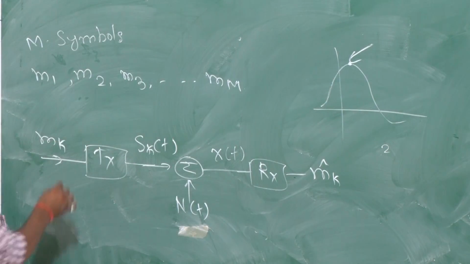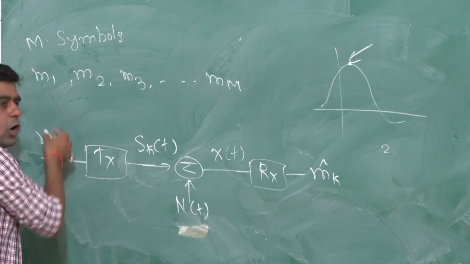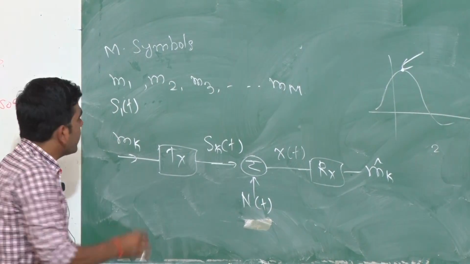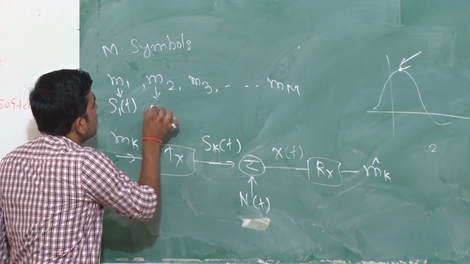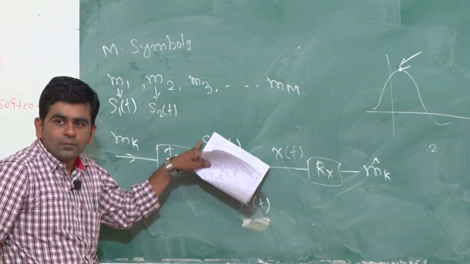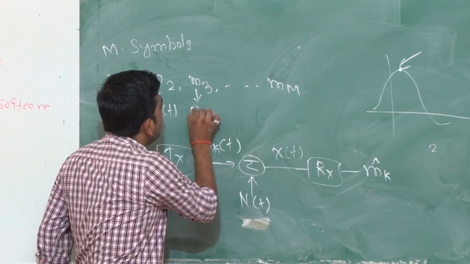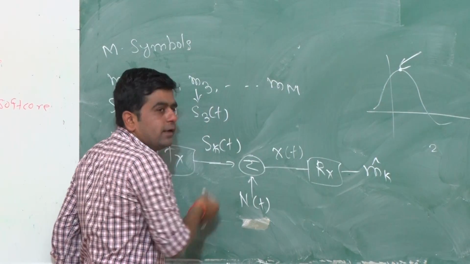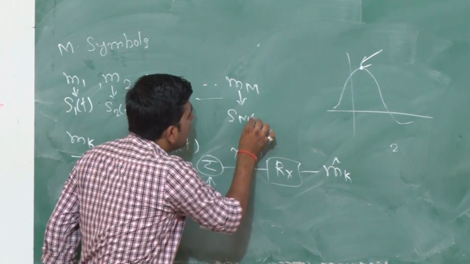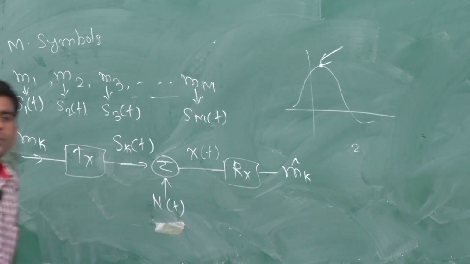This will give the signals: for the first symbol we will get s1 of t, s2 of t, then s3 of t, and so on up to sM of t.